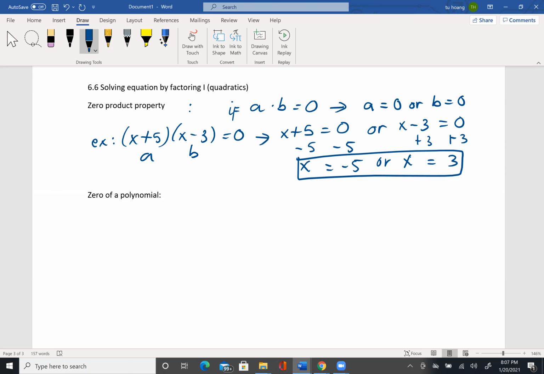That's when the number is zero. Okay, so the number that makes the polynomial equal to zero.